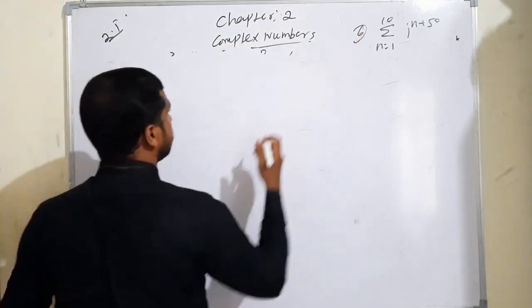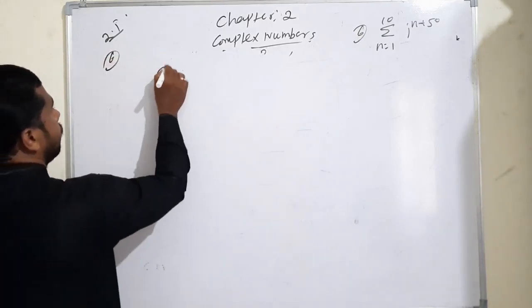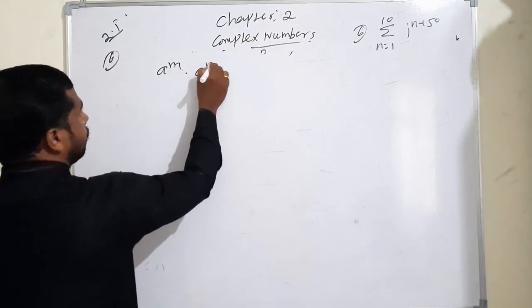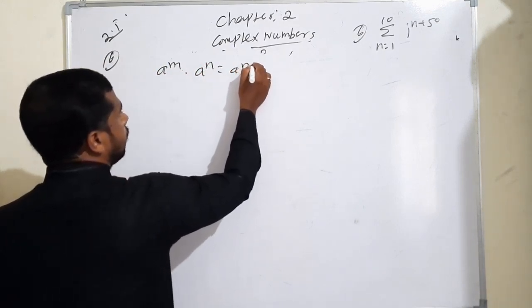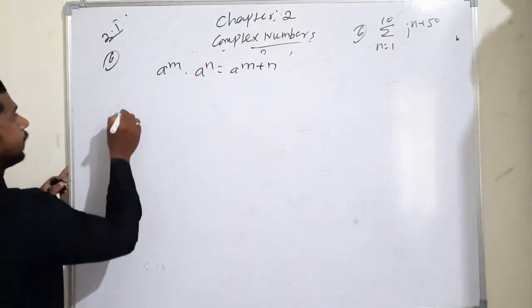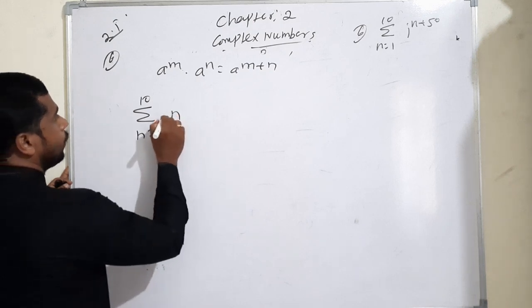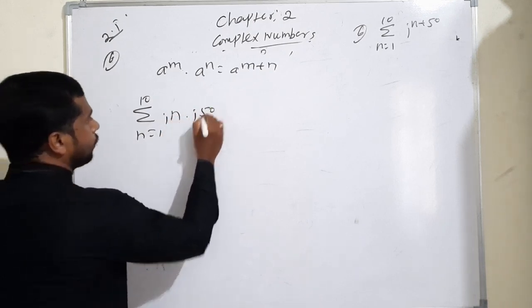So I to the power n plus 50, question number 6. Already we know the formula: a to the power m into a to the power n means a to the power m plus n. So there we can split. The first term, summation of n equal to 1 to 10, I to the power n into I to the power 50.